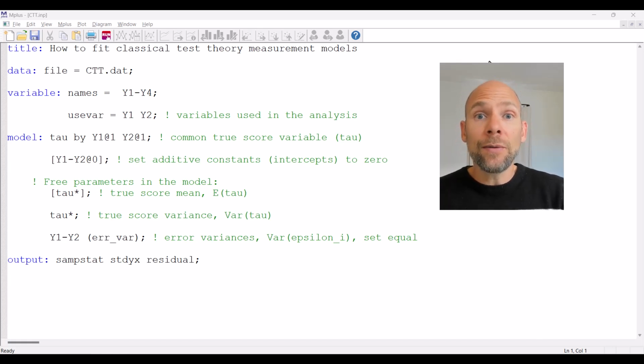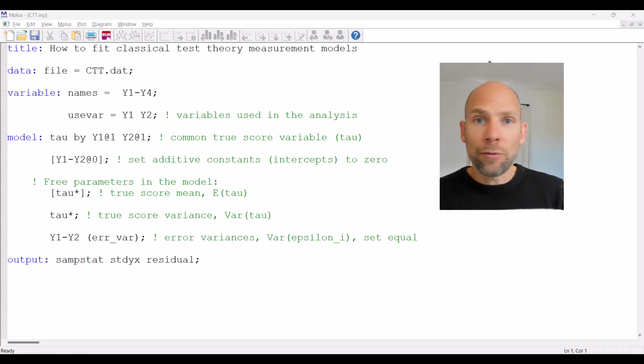In this video, I want to show you how to fit the different measurement models from classical test theory in the Mplus software. And you can do this in pretty much any software for structural equation modeling, including Mplus, Lavaan, AMOS, EQS, LISREL, and all the other programs, because models of classical test theory are confirmatory factor analysis models with special constraints.